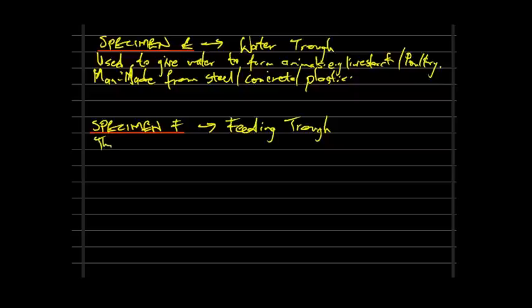This is used to house or contain animal feeds. That is what it is used for. So any farmer that is an animal farmer will always need a feeding trough.